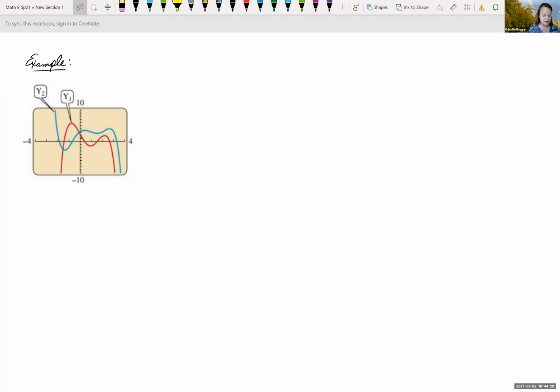I know that the derivative, and notation-wise we could write it as f prime of x, if the derivative is less than 0, the slope is less than 0, then I know this is where my function f of x is decreasing.